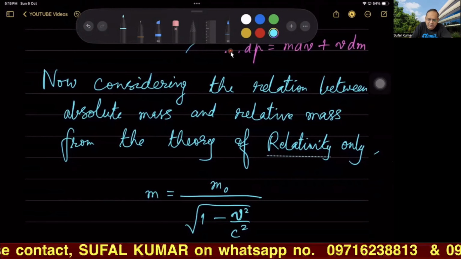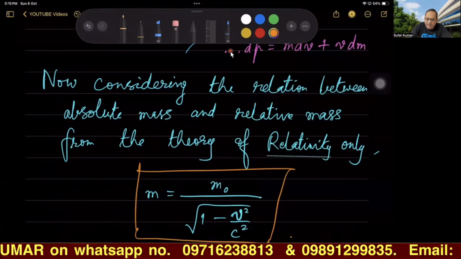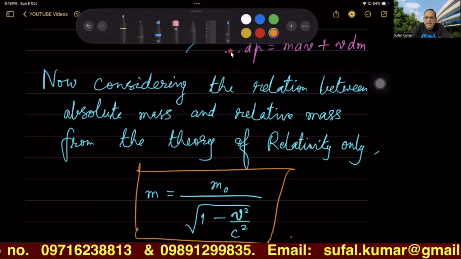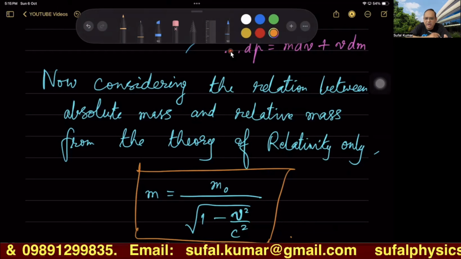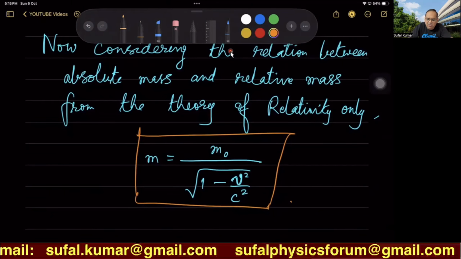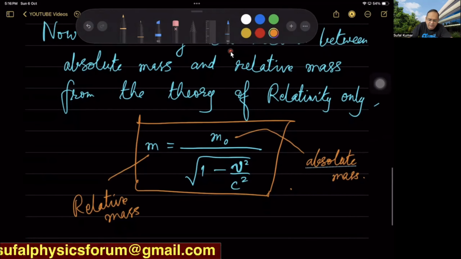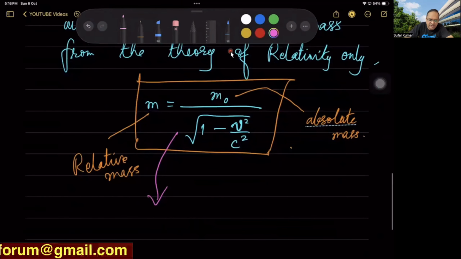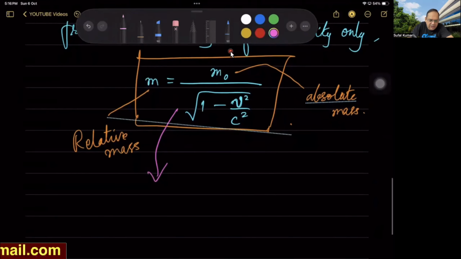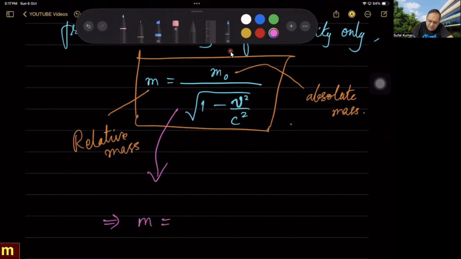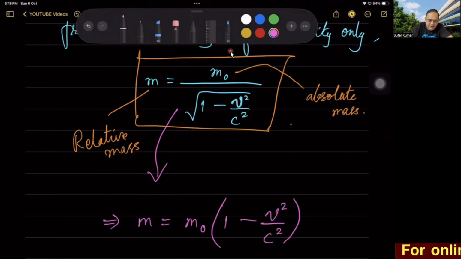Now I'm going to explain the notations where v is the speed of that mass which is thrown into the space. M naught is absolute mass, m is relative mass. From here, we can slightly manipulate: m is equal to m naught (1 minus v square by c square) raised to minus 1 by 2.